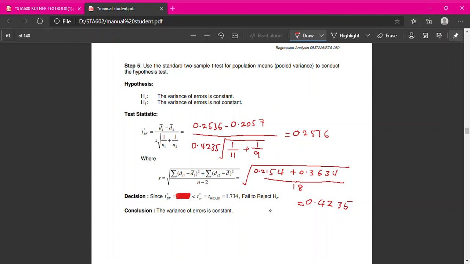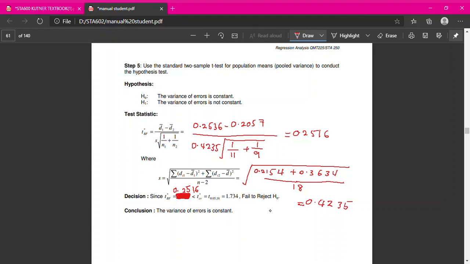So because the T value is 0.2516, cantik kat sini, which is less than the critical value 1.734.